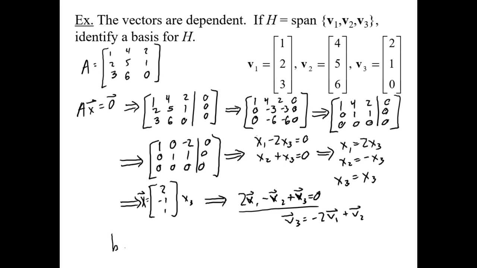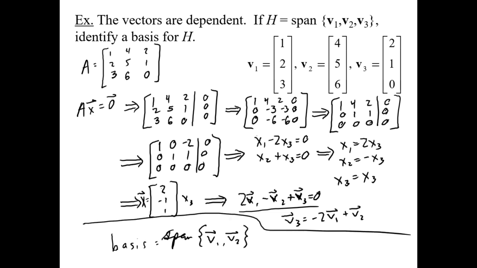So the basis that I'm looking for would be the span of only the first two vectors, because we don't need the third one. The third one is a linear combination of the first two.